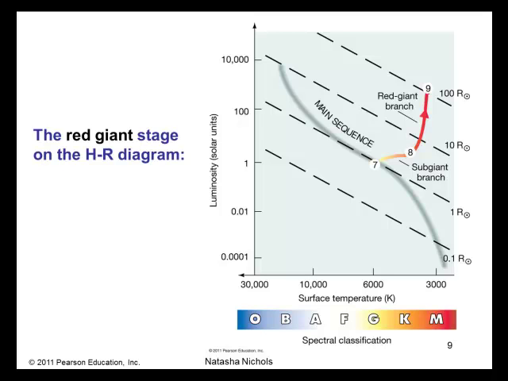The star continues to brighten and grow as it ascends the red giant branch to stage 9. And you can see how the diagonal dashed lines that represent the radius of the stars are also increasing. So we got to the point where it's 100 times the radius that it had to begin with.